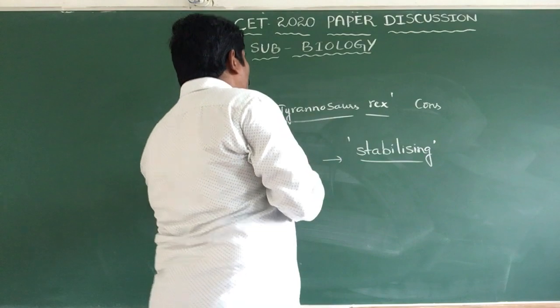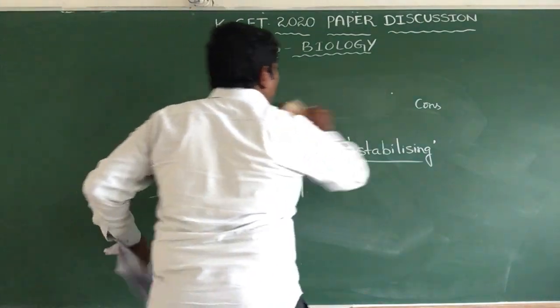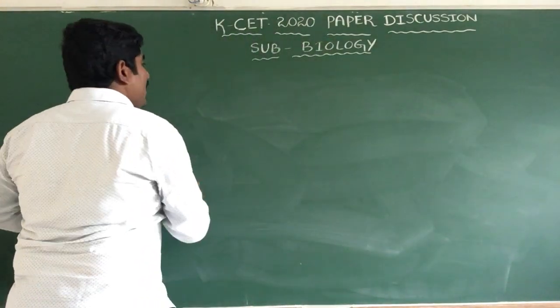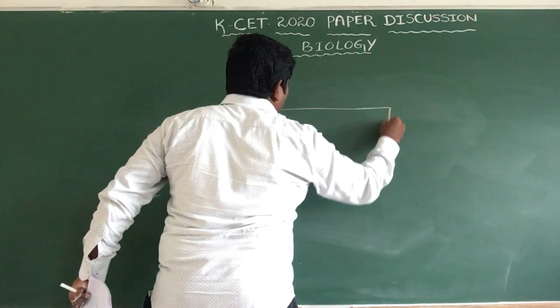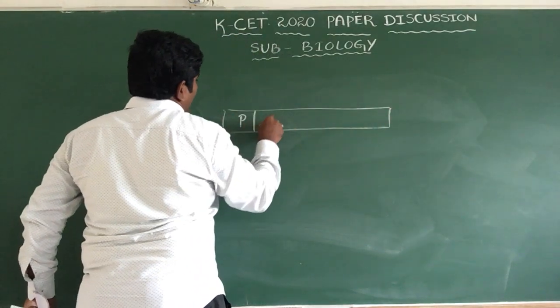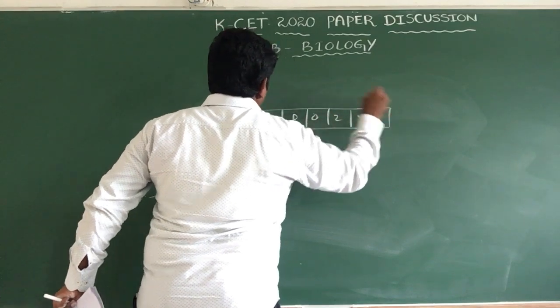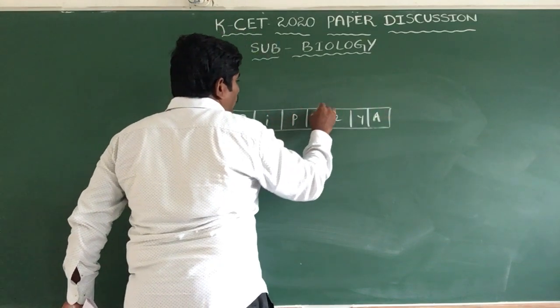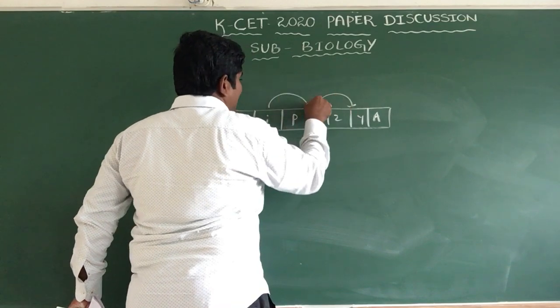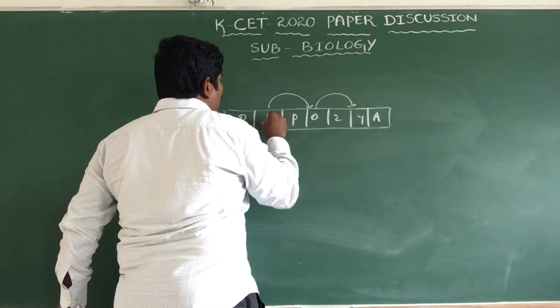Now you can see this is in a lac operon. P-I-P-O-Z-Y-A genes. The I gene controls the O gene, which controls the structural genes, but the I gene cannot be controlled by anything.